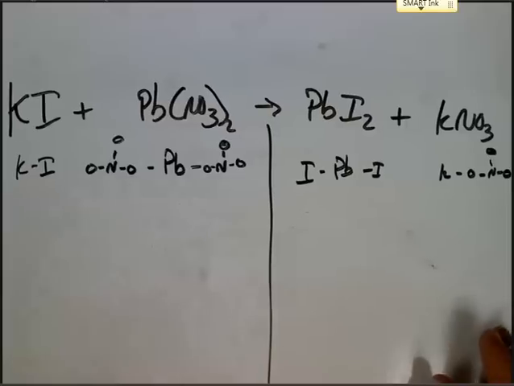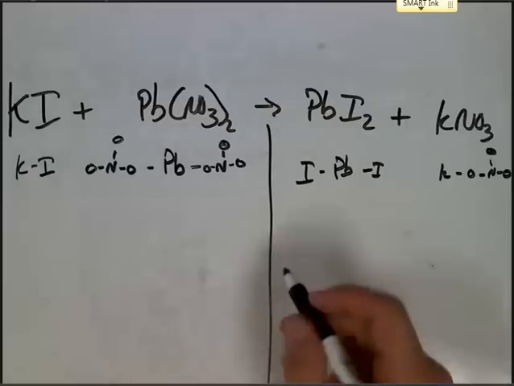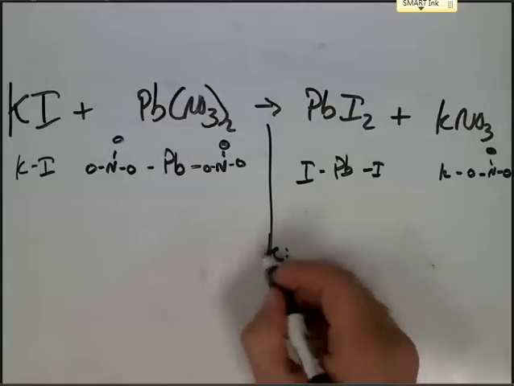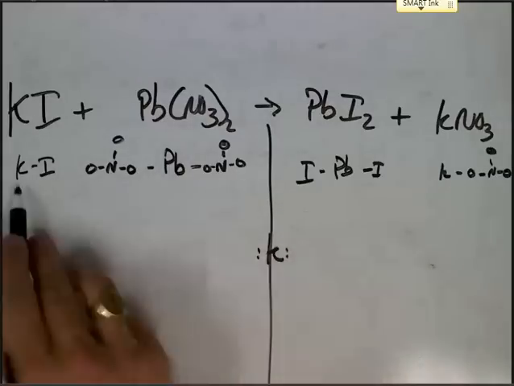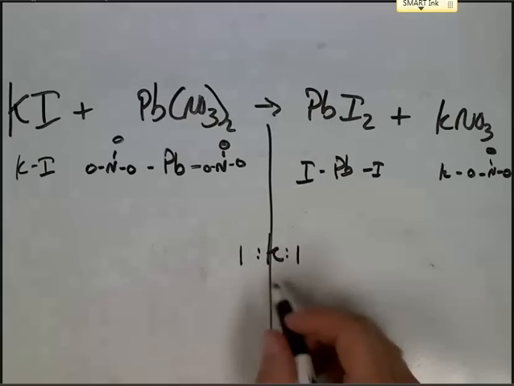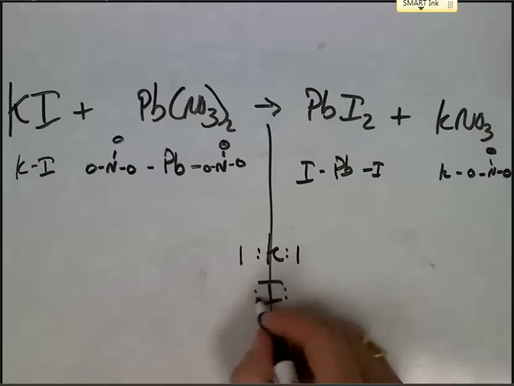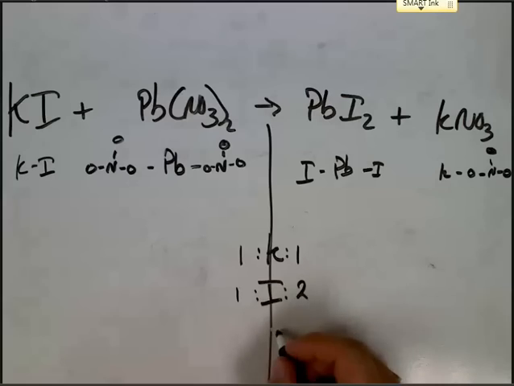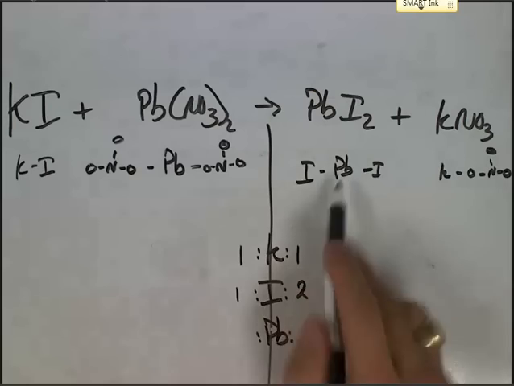Okay, so lots of drawing. All right, this one probably takes a little bit of time. And we actually have 4 different atoms that we're going to be keeping track of. We've got potassium, one of those, and one of those. We've got iodine. I've got one of those, and I've got 2 of those. I've got Pb, I've got 1 and 1.